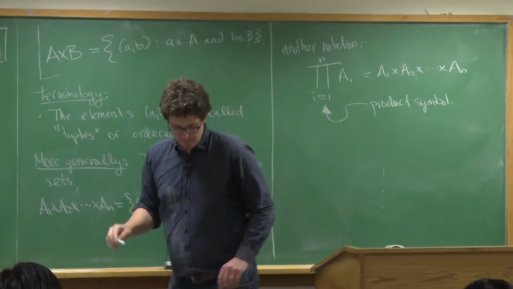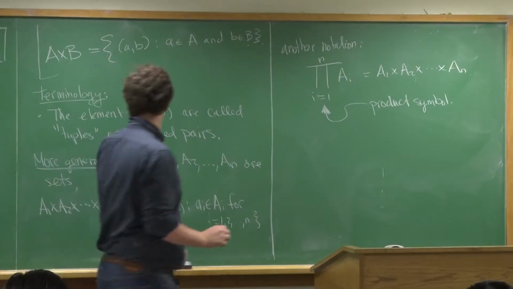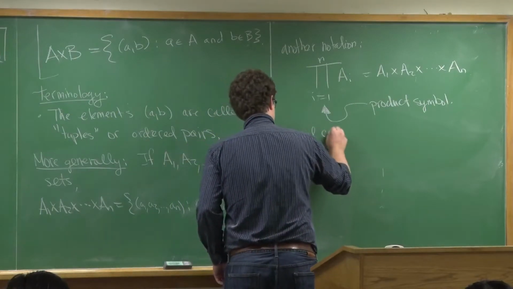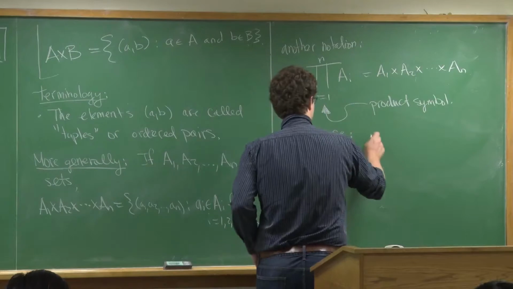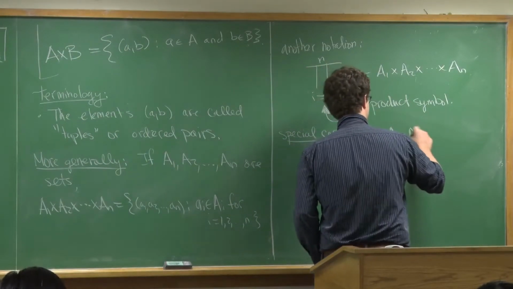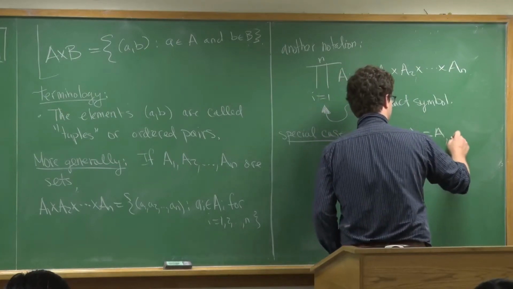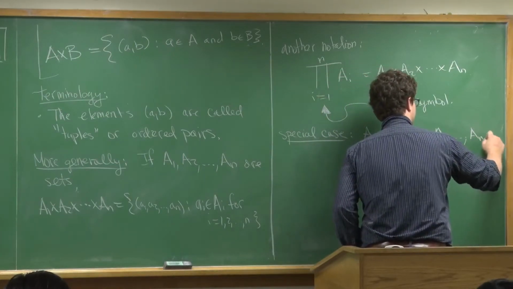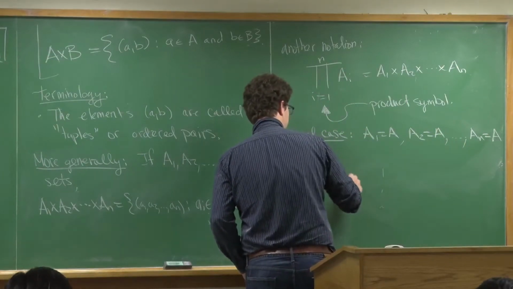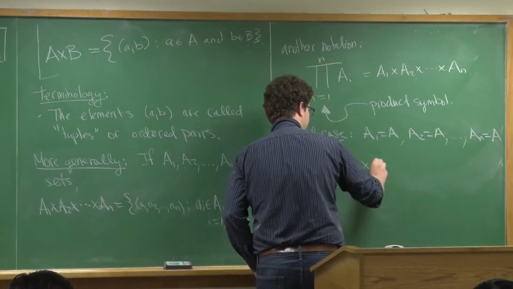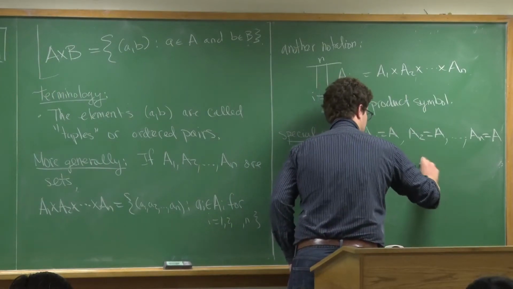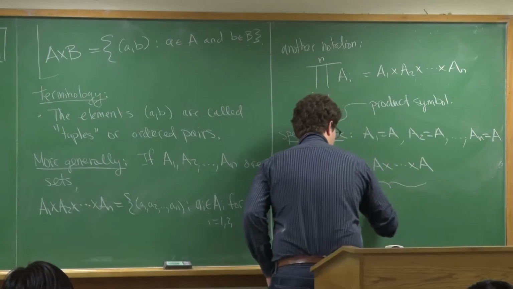Then there's a special case of this, when A1 is equal to A, A2 is equal to A, they're all the same thing, and An is equal to A. So A to the n, the nth power, is just defined to be this, with A appearing n times.